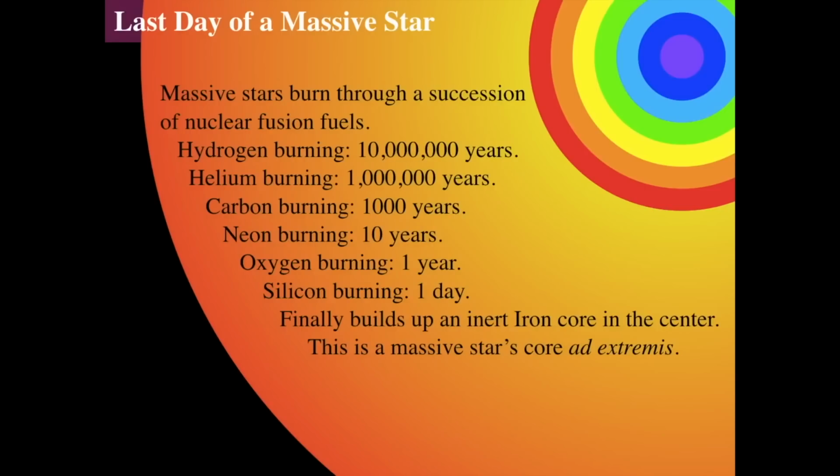Then they burn helium for only about 1 million years, convert carbon into oxygen and neon for only 1,000 years, fuse neon into oxygen for only about 10 years, oxygen into silicon for only about a year, and then the final stage, burning silicon into nickel and iron, only lasts a day.